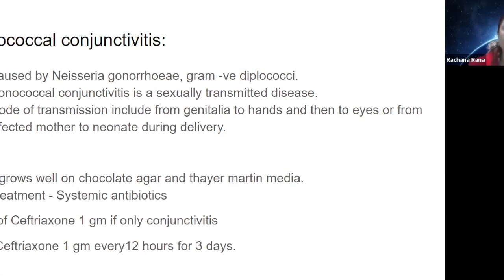So send for other blood investigations also. And in susceptible patients, what I have seen is that intramuscular ceftriaxone has improved a lot in our cases. So we do not have to hesitate to start the ceftriaxone injections.